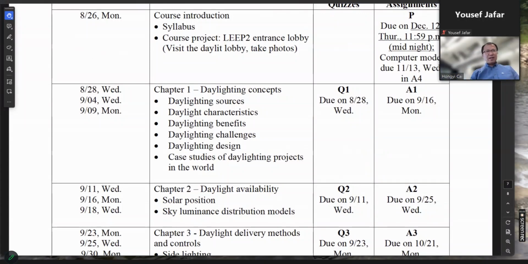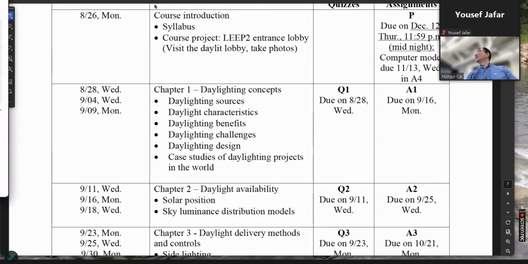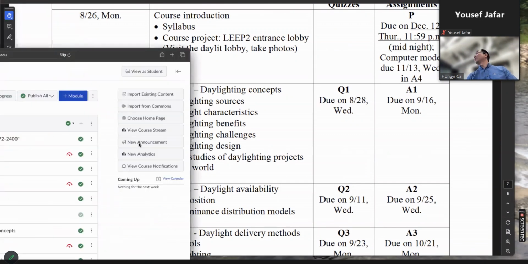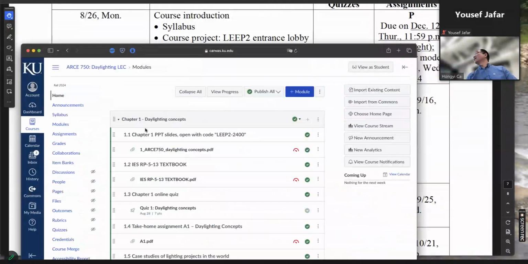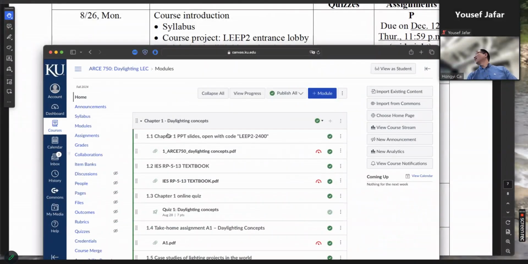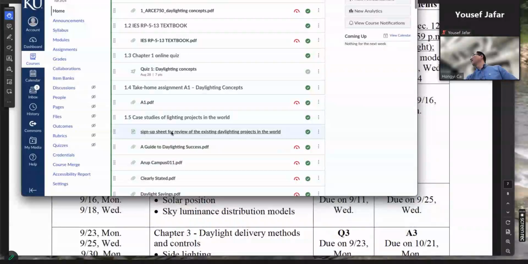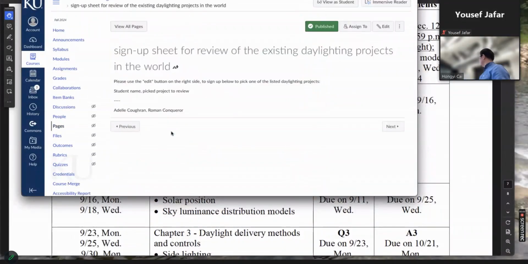If you go to Canvas, go to chapter 1, case study of lighting project, sign up sheets. If you click on the sign up sheets, I can click on it right now. We just had a dialog, you sign up. So you two can sign up, and then you will pick the project like you want to.